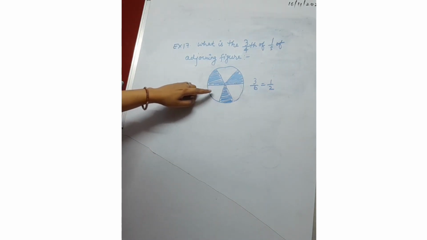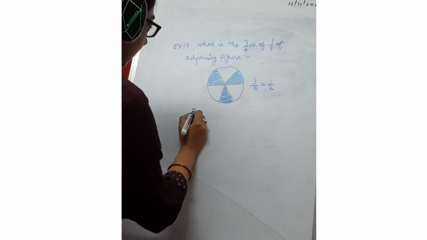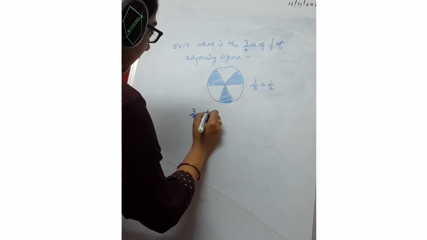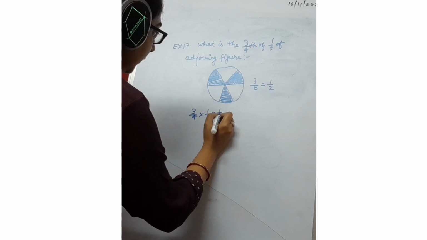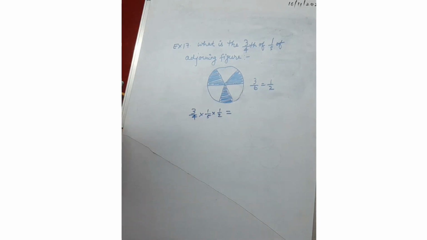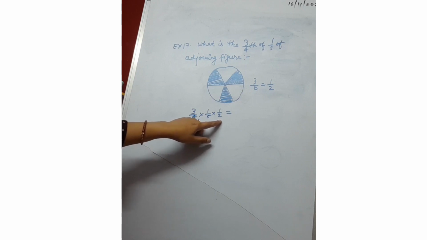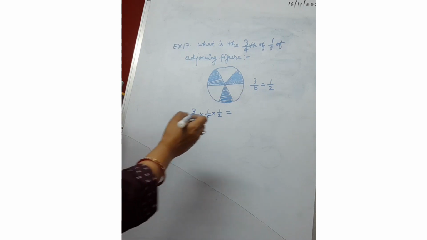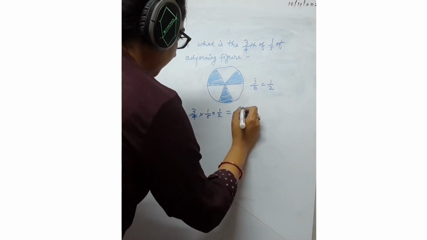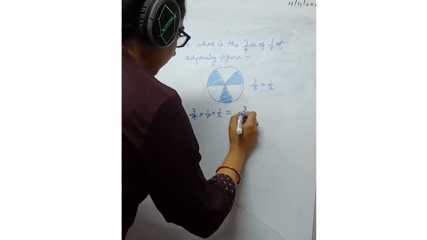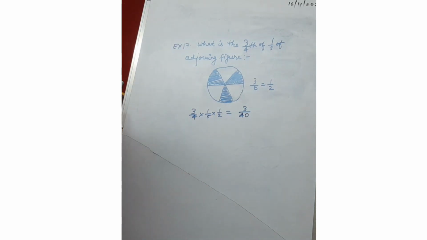So we have to find 3 by 4 of 1 by 5 of 1 by 2, which equals 3 by 40. This is the answer.